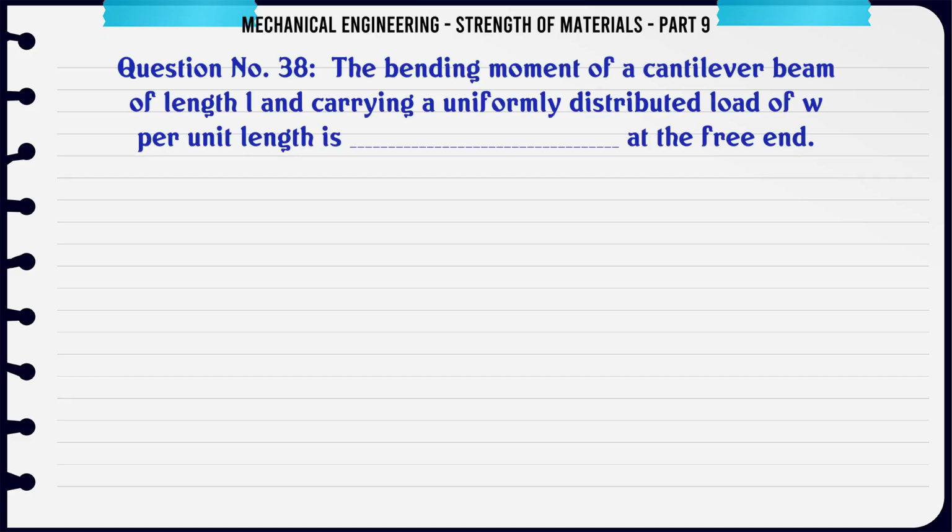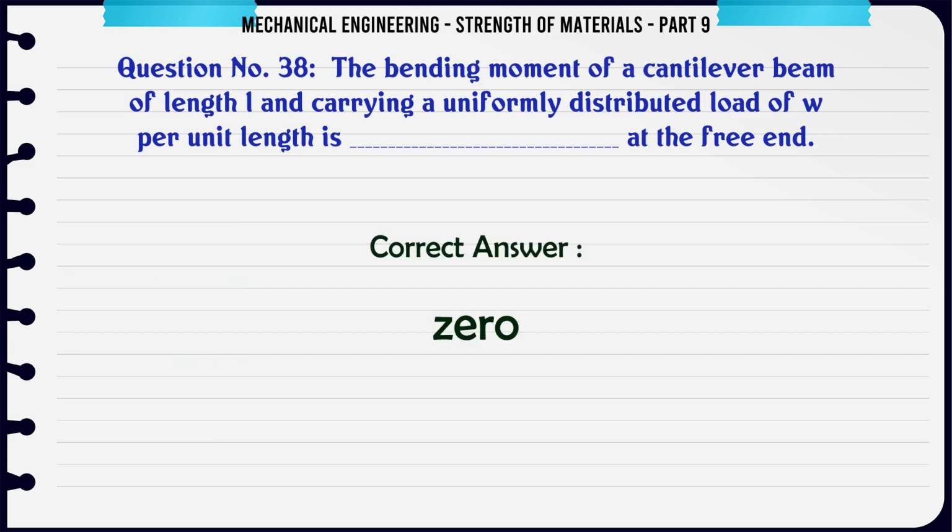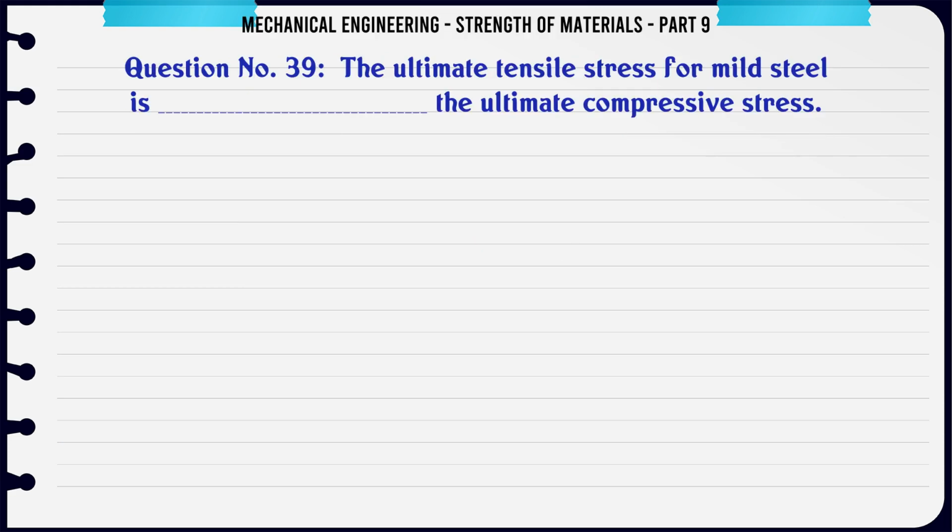The bending moment of a cantilever beam of length L and carrying a uniformly distributed load of W per unit length is at the free end. A, 0, B, WL/4, C, WL/2, D, WL. The correct answer is 0. The ultimate tensile stress for mild steel is the ultimate compressive stress.